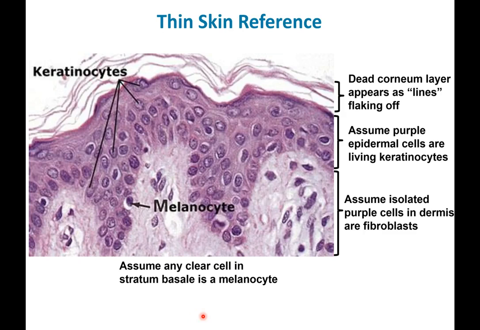Here we have a reference image of thin skin where the dead keratinized stratum corneum appears as lines flaking off. We will assume all purple epidermal cells that still contain their nuclei are living keratinocytes.